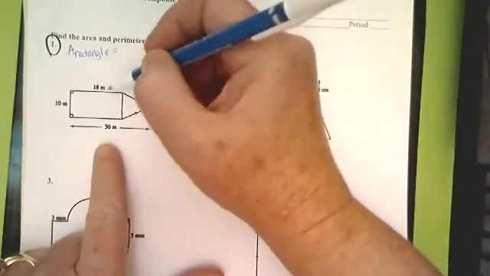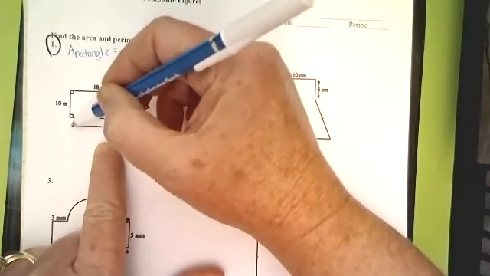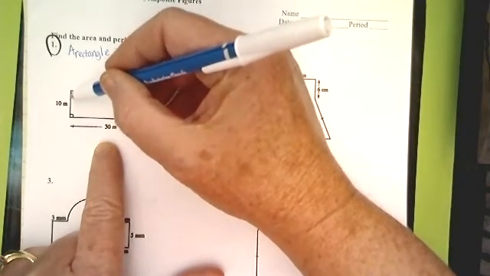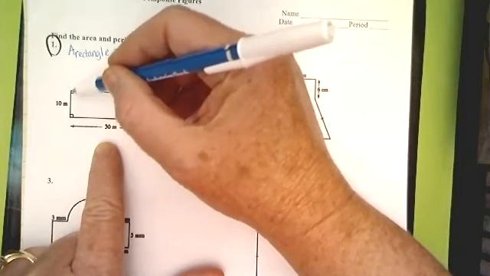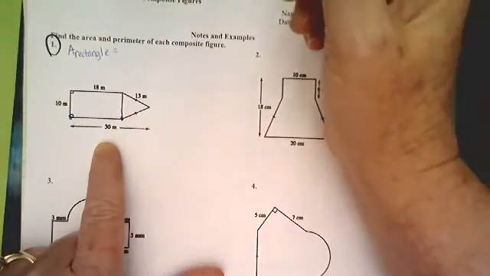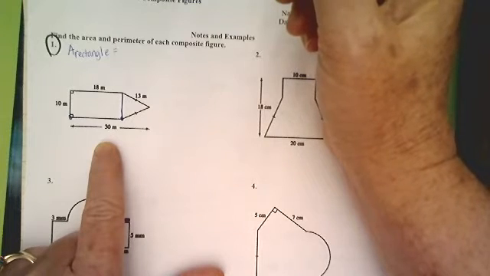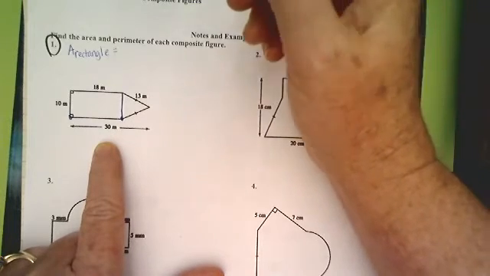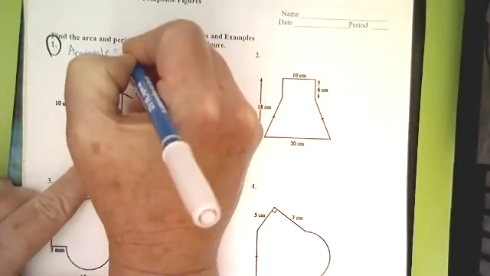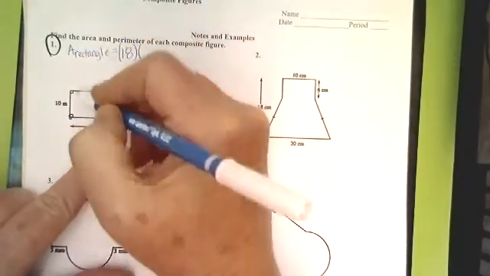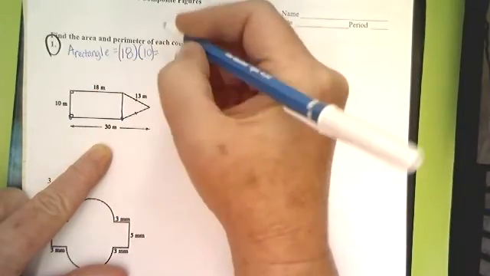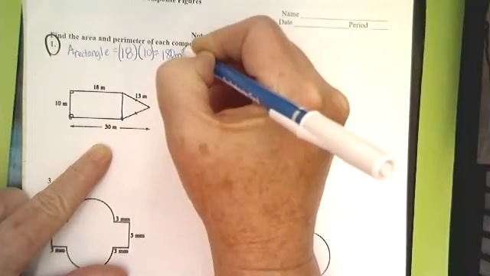Here's the rectangle right here, right? 30 is the length of the whole thing. So I only need the base, like this is the height, right? I need this length from here to here. Do you know what that is? It's 18. 18 times, how tall is it? 10. Okay, real easy, that's 180 meters squared.